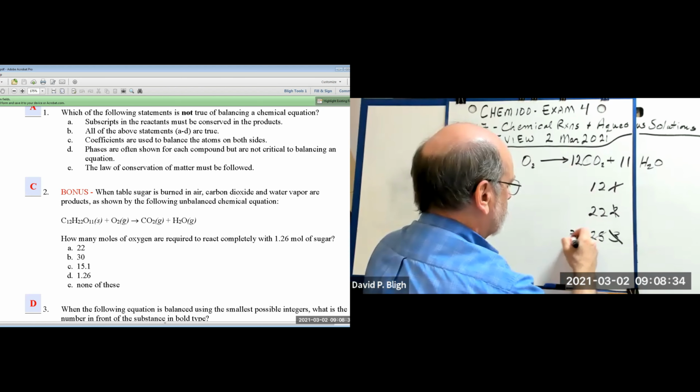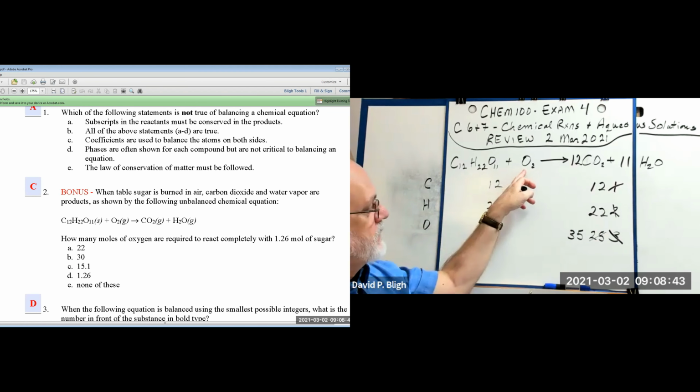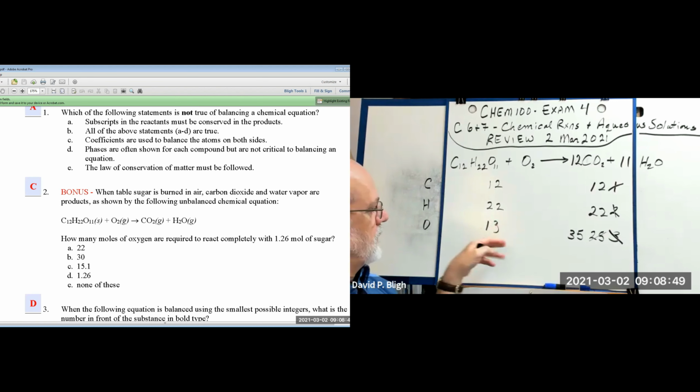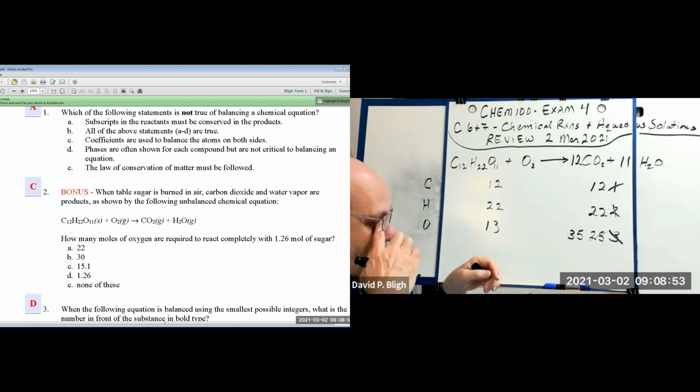Yeah, 35. Okay. Now we can balance the oxygens last because we have this free oxygen here, and we don't want to touch that one if we can help it. Because if we mess with this one, it changes the others.